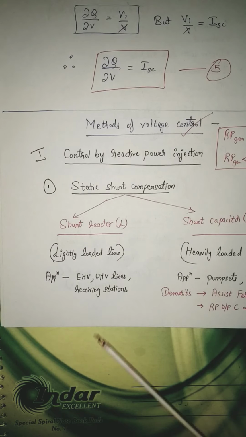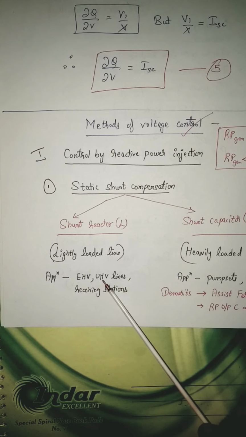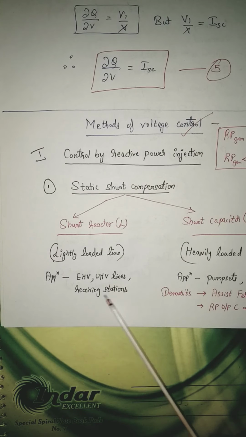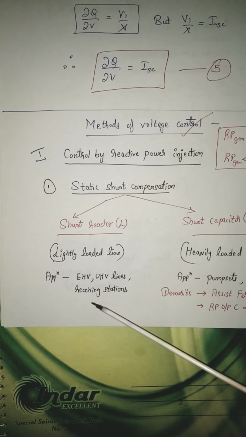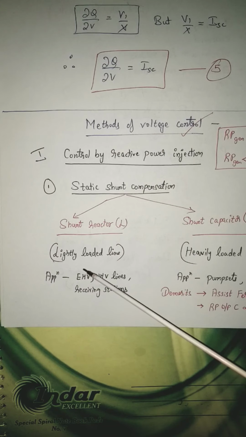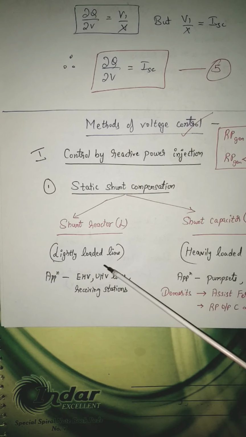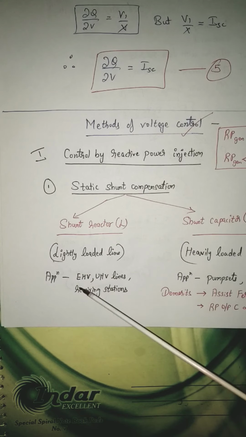The application of this is extra high voltage lines, ultra high voltage lines, and receiving substations. At these places you will be using a shunt reactor. So I repeat once again, lightly loaded line is where consumption is less and supply is more, so that excess reactive power has to be absorbed. That can be done using an inductor.